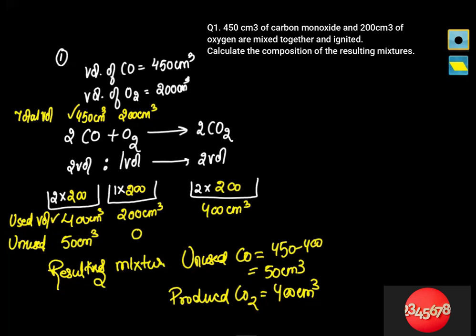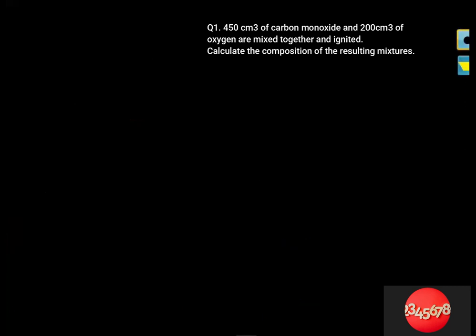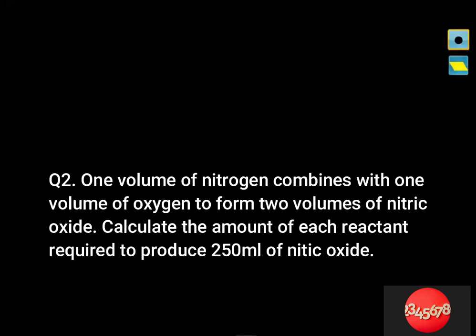Question number 2. All of you understood this one? Let's do question number 2. 1 volume of nitrogen, they are giving the balanced equation. 1 nitrogen combines with 1 volume of oxygen. Oxygen we know is O2, oxygen gas.